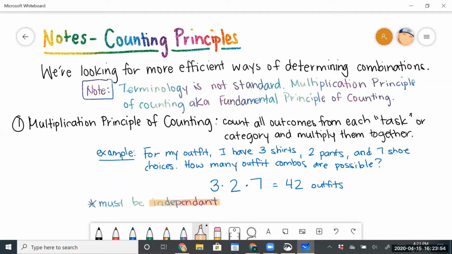If I pick a red shirt, it might affect the choices I make in my shoes or my pants. Okay, so for these current situations, we're going to go ahead and pretend that we don't care about that and that these are independent, okay? In other words, each task or category does not depend on the other.